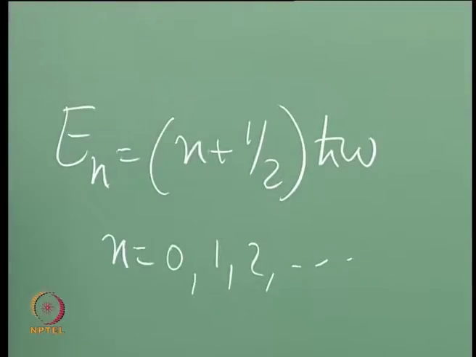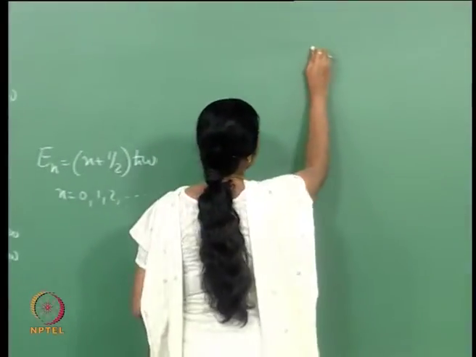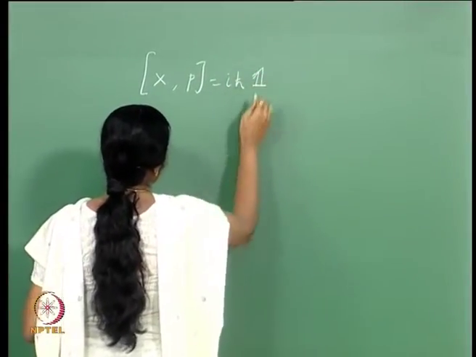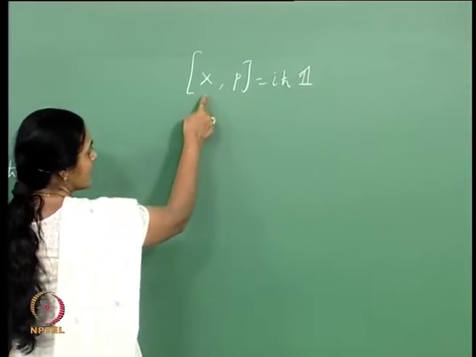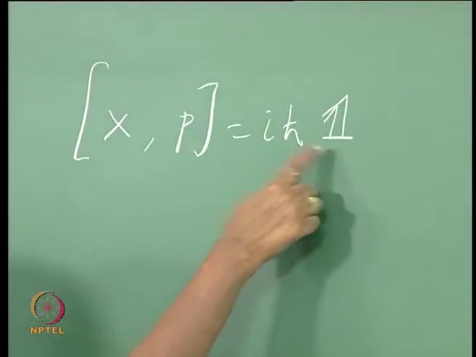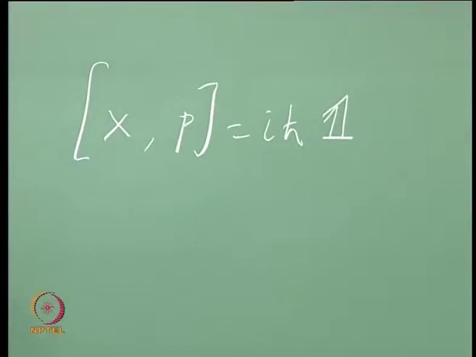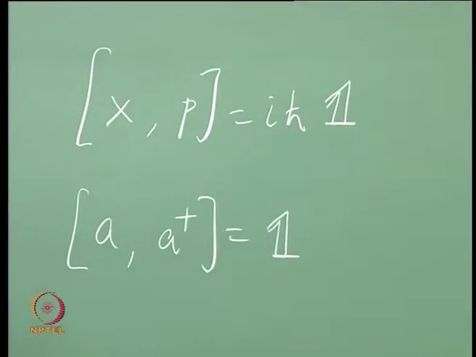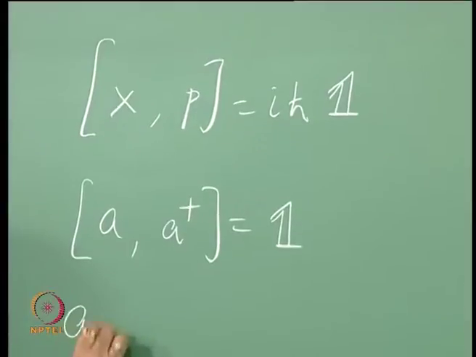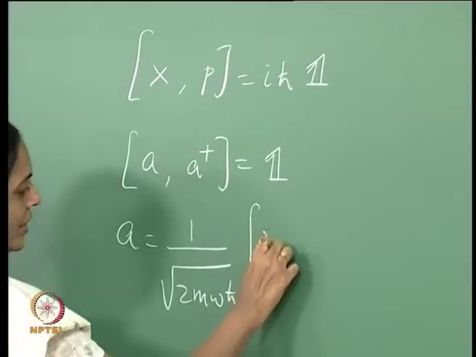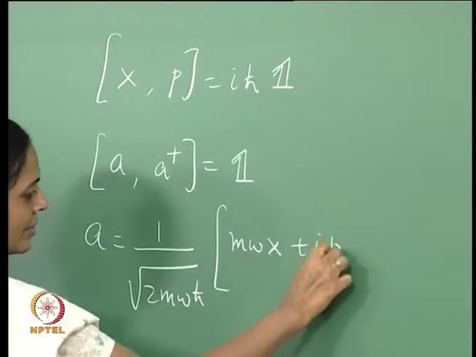Basically, we started with the commutation relation. The commutator of x with p was i h cross times identity, where x, p which is the linear momentum conjugate to x, and identity are all operators, and this translated to the commutator of A with A dagger equals identity, where A itself was defined in terms of x and p as linear combinations.